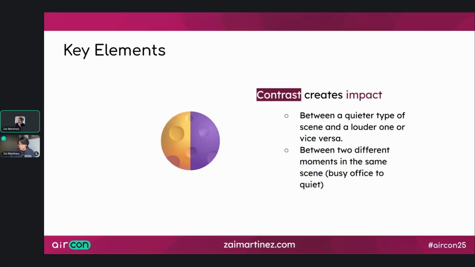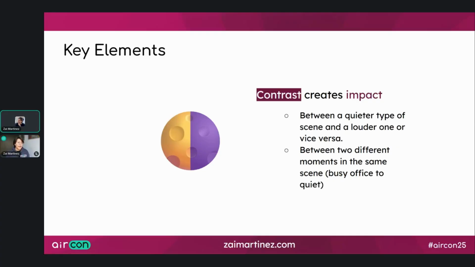And also, for example, think that you have two scenes, one after the other, and both are busy scenes. Think, for example, a supermarket. So both are scenes in a supermarket.